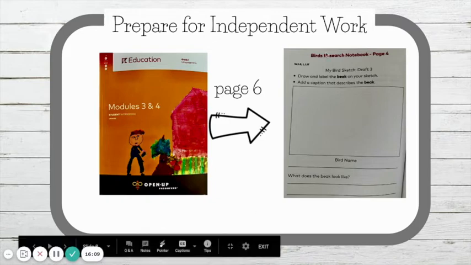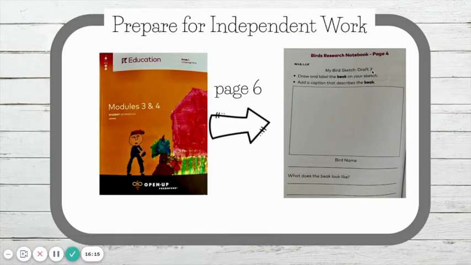At the top of the page, it will say Birds Research Notebook, page 4, My Bird Sketch, Draft 3. The instructions say, draw and label the beak of your sketch. Add a caption that describes the beak.